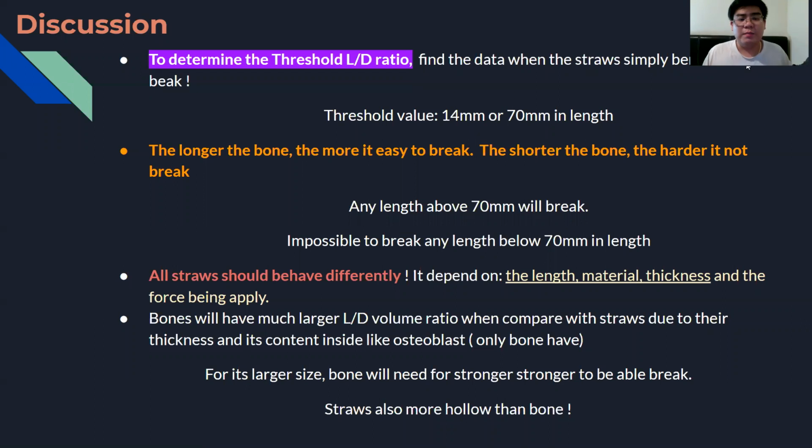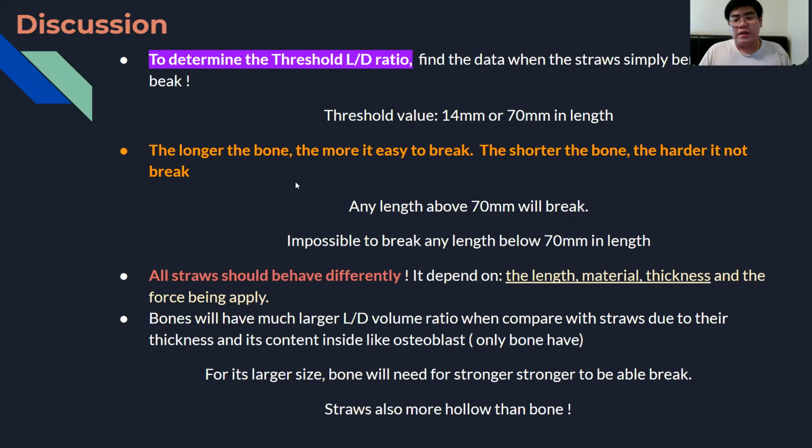Next, let's discuss how you determine the threshold value. It's pretty simple, really. All you need to do is find the data point where the straw begins to bend but does not break. In my case, my threshold is 40 millimeters in diameter or 70 millimeters in length.